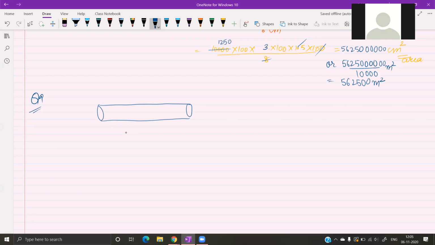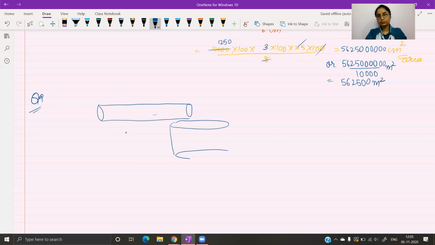So there is a cylindrical pipe through which the water is flowing. It is connected to a canal and the water is falling into a cylindrical tank. So this is what's happening. Water from the pipe is falling into a tank. You have been given the dimensions for each of these.